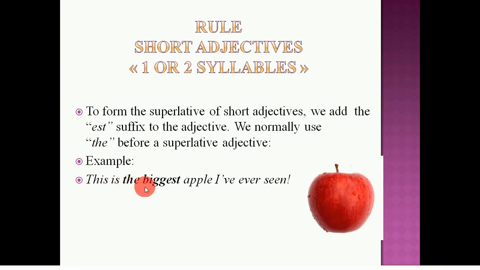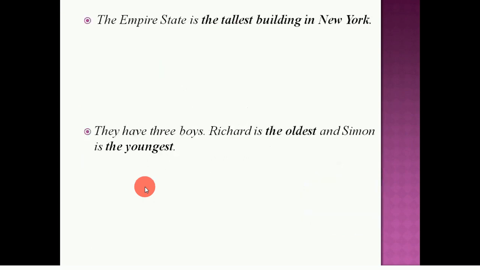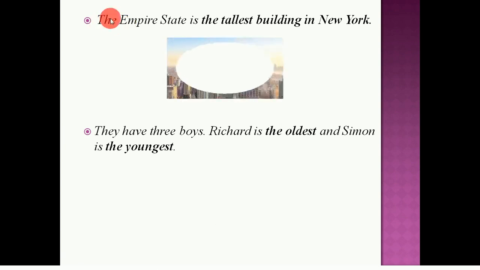هنا big فيه one syllable. It's for sure it is a short adjective. Another example, this is the Empire State, the Empire State is the tallest building in New York. الادجكتيف ورا tall. tall زدنا له est and the. وركا قارنا هذا البيلدين مع all the buildings in New York.